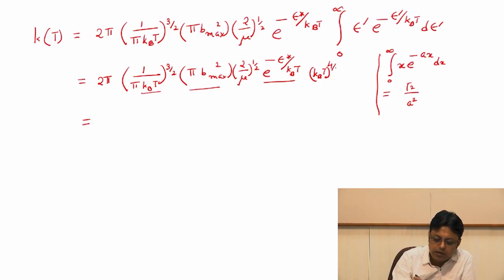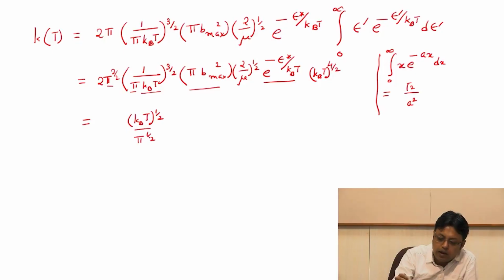So I'll have kBT to the power half. And then think about the pi. Now I have a pi here, I have a pi here. So I'm not touching the pi b max squared, so that will just keep intact. So pi is basically pi to the power 2 by 2, and this is pi to the power 3 by 2. So I'll have in the denominator pi to the power half.